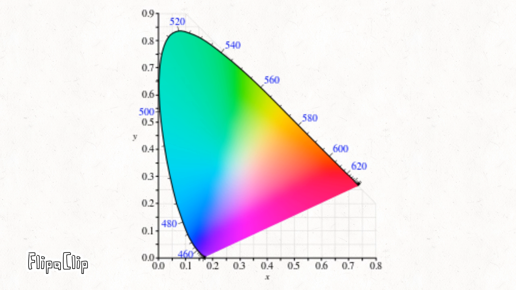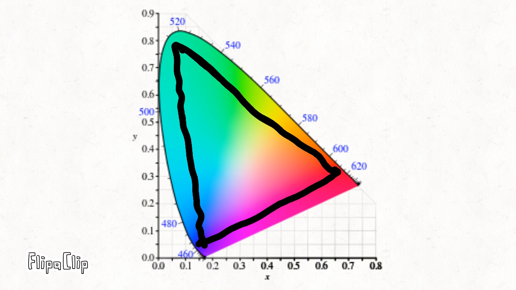The thing is, this is all of the colors possible. So, if you have some corners for a triangle or any shape with more than one side, or more than a triangle that includes white or the center, you will potentially have a viable color system.